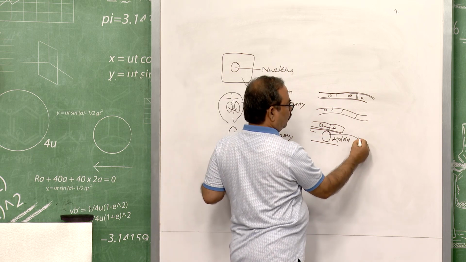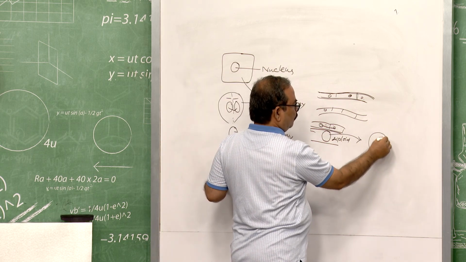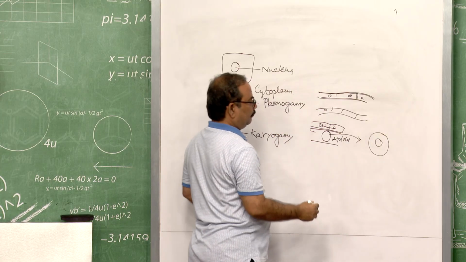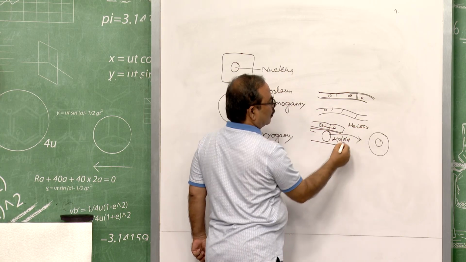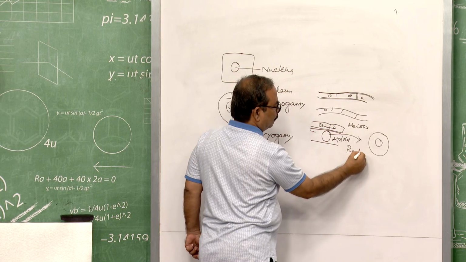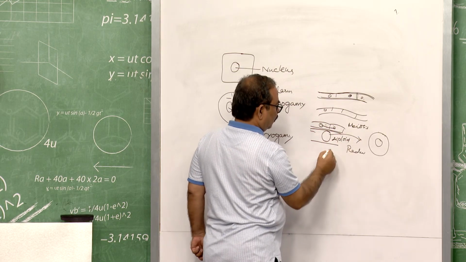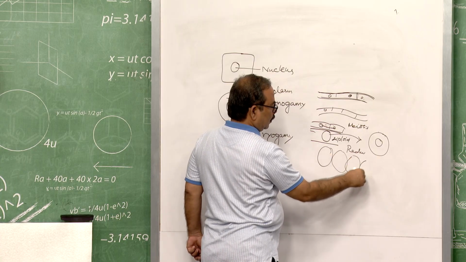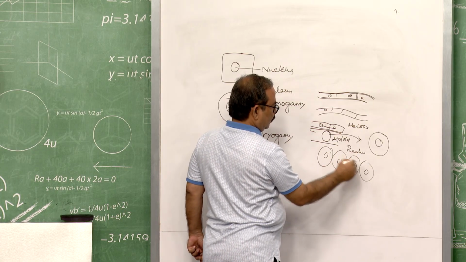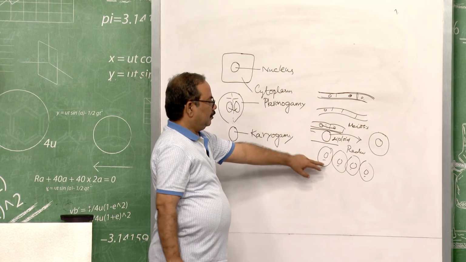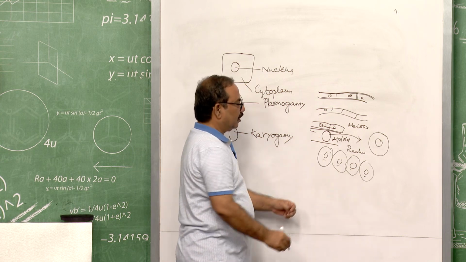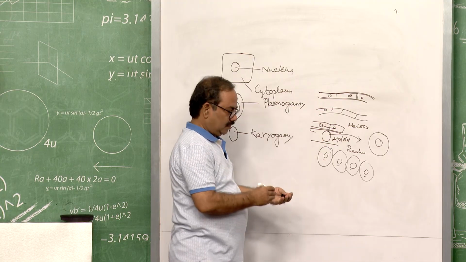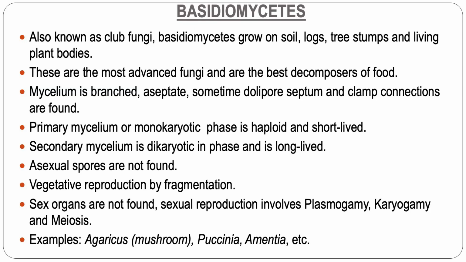When this diploid nucleus has to come back to the haploid one, there has to be a meiosis or a reduction division, by which we shall have formation of 4 cells, 2 having one type of nucleus and the other 2 having the other type of nucleus. If it carries both these types of nuclei, a positive strain and a negative strain, that will become a heterokaryon.